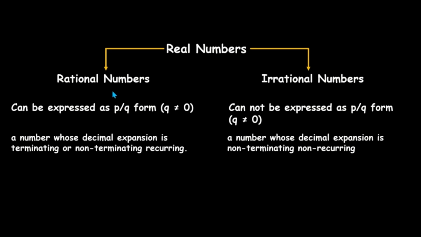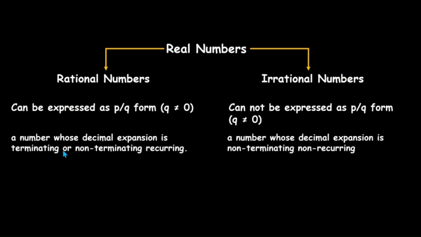So q cannot be 0. So rational numbers are the ones that can be expressed in p by q form, where p and q are integers. Rational numbers can also be defined as numbers whose decimal expansion is terminating or non-terminating repeating or recurring one. So these are the technical words.